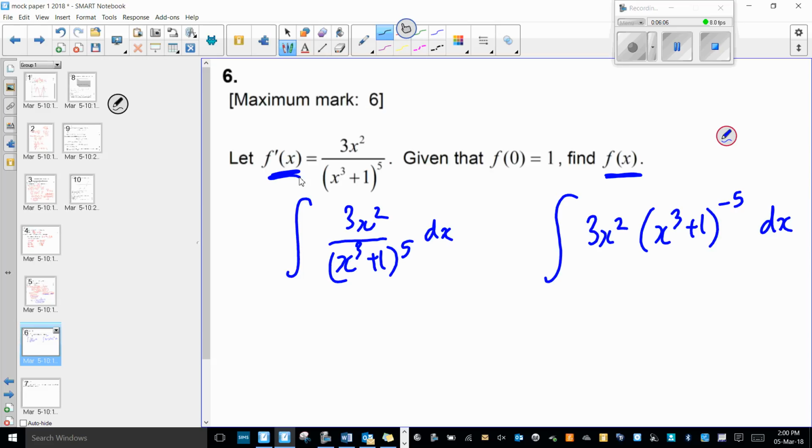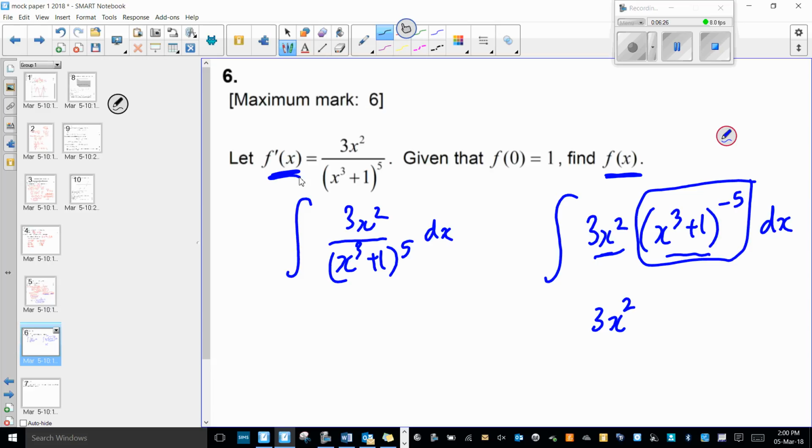So this here, I'm going to ignore for a little bit, and I'm going to integrate this expression here. So I'm going to leave my 3x squared here. I'm going to integrate this. So what's our laws of integration? Add 1 to the power and divide by the new power.